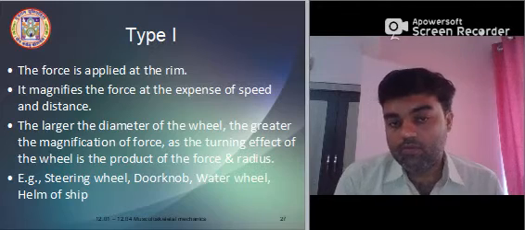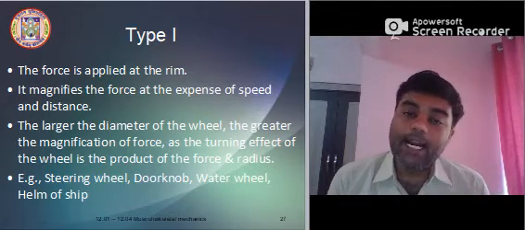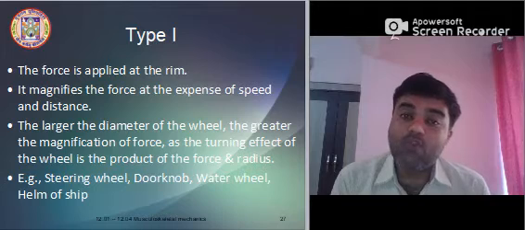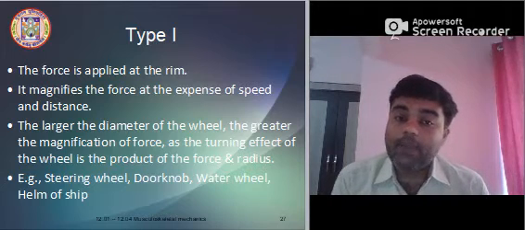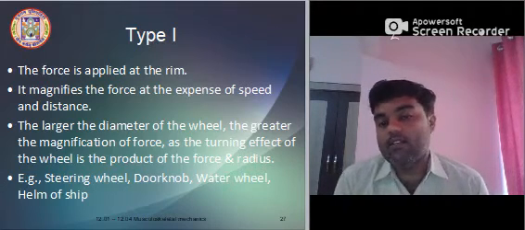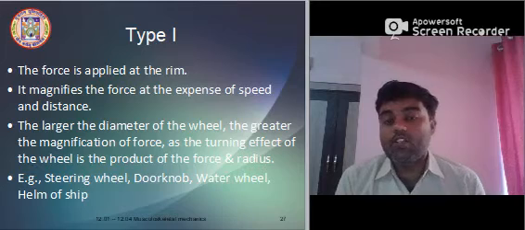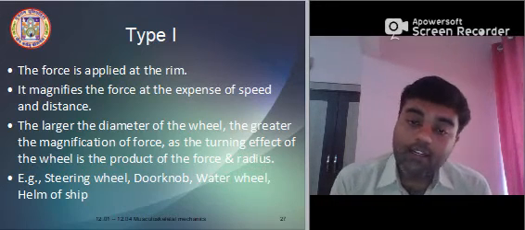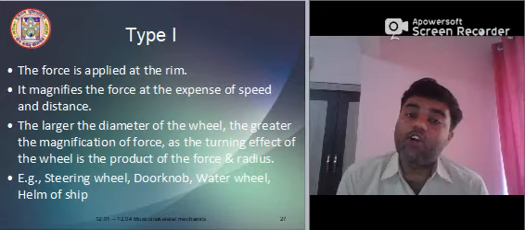Type 1: the force is applied at the rim of the wheel. It magnifies the force at the expense of speed and distance. The larger the diameter of the wheel, the greater the magnification of force.